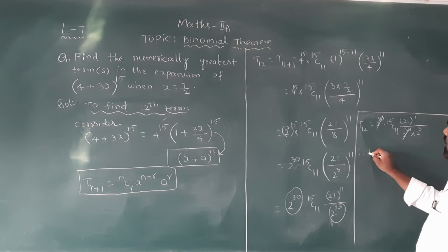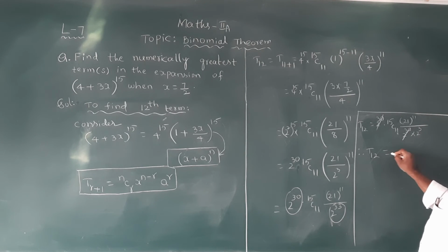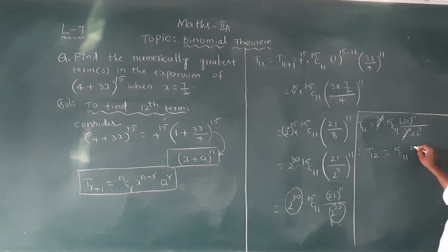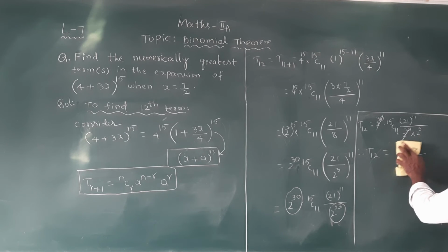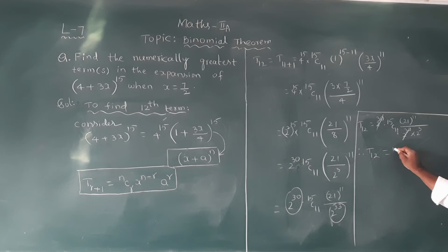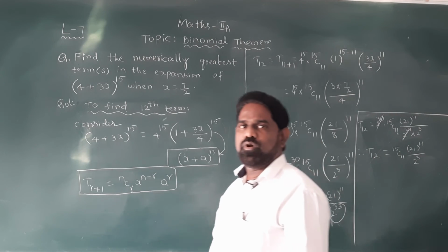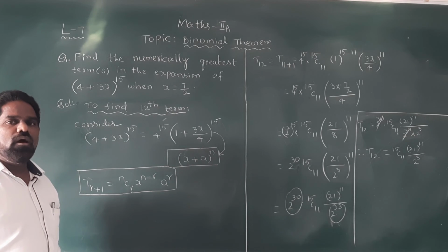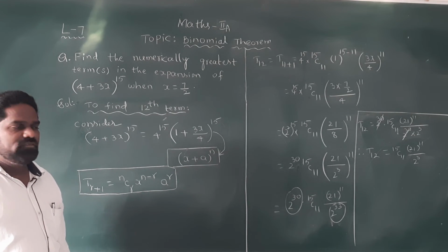Therefore, T12 equals 15C11, 21 power 11 all by 2 cube. This is the way to find the numerically greatest term or terms in the expansion.